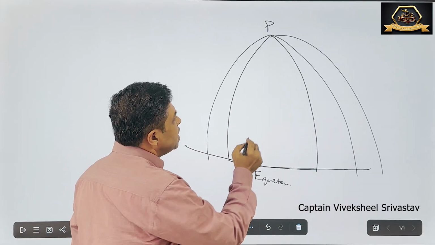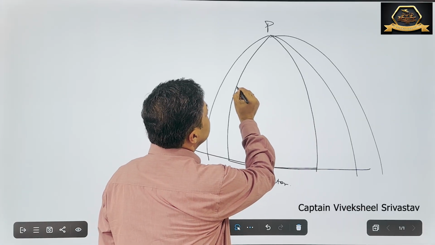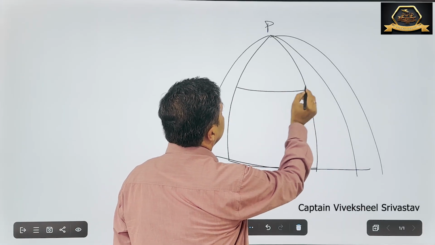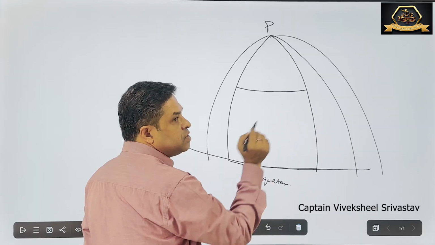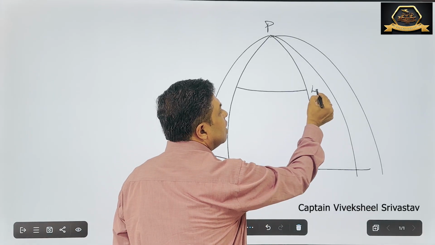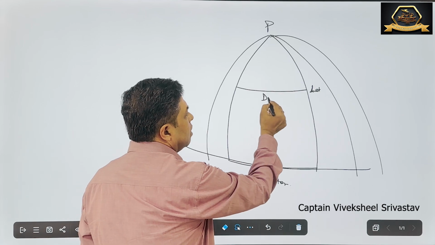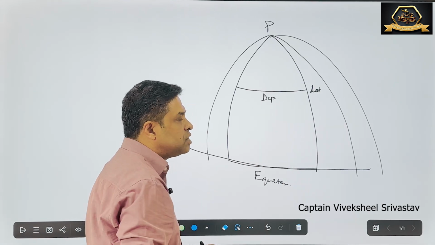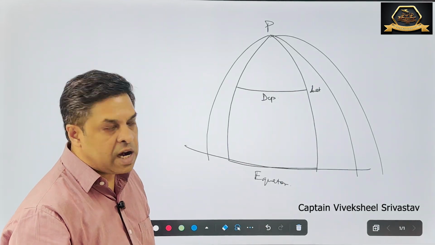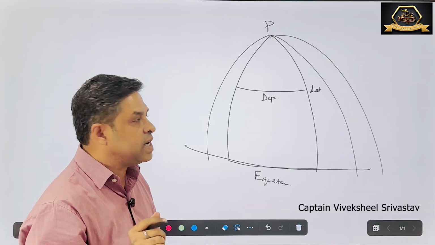Now departure is the east-west distance between two meridians at a certain latitude. This is the departure. I'll repeat once again. It is very important to understand.